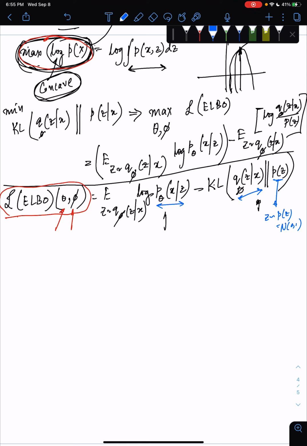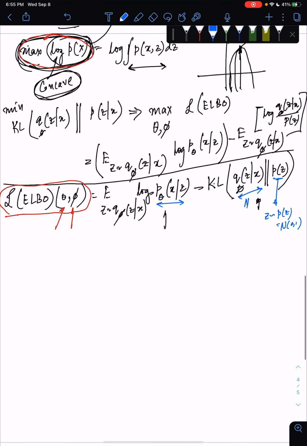Why? Because we know that neural networks are universal approximators, so they can approximate any kind of function. So of course they will be able to approximate a probability density function. So this thing is a neural network, and this thing is also a neural network.